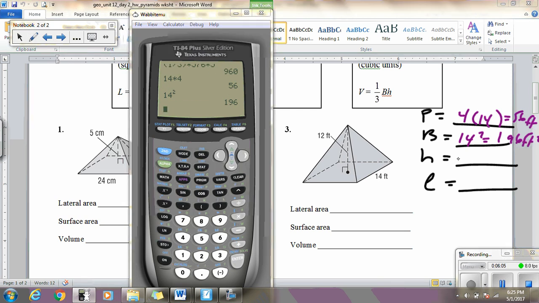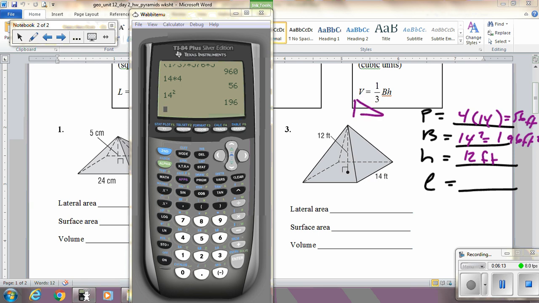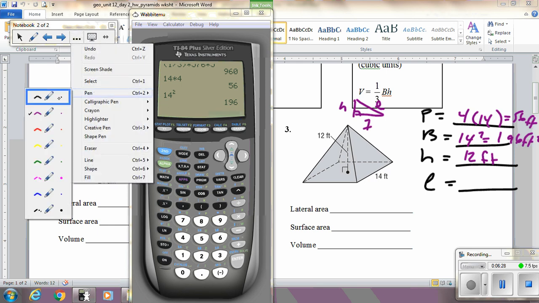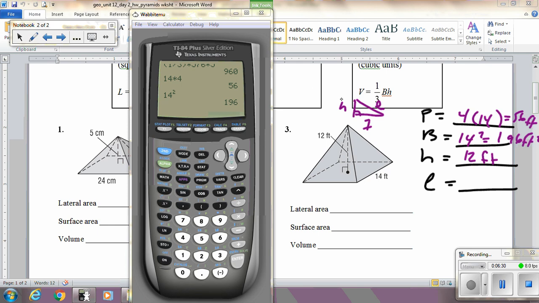We're given our 3D height, which is 12 feet, but we're not given our slant height. So there is a right triangle that connects the 3D height to the slant height, and the bottom is half of your base side, so that's 7. Again, our 3D height is 12.